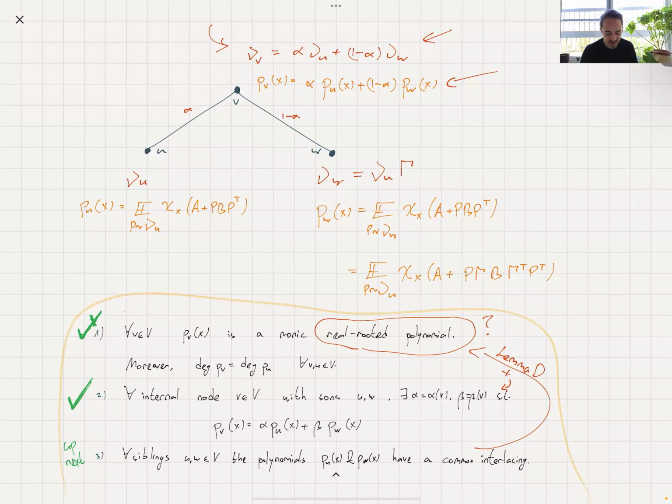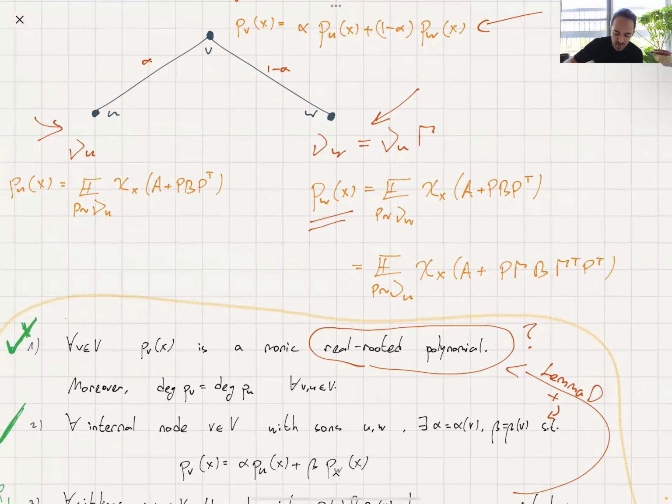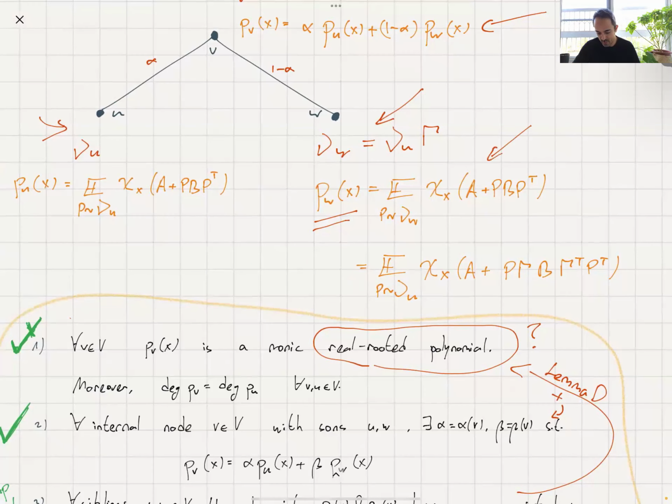And the fact that the distribution of the right son is gamma times the distribution of the left son tells us that you can write the polynomial corresponding to the right son, W, like that. That's obvious. But now, instead of writing it according to mu W, you can write it according to mu U, but you just need to replace the thing you sampled, P, by P times gamma. So instead of P, I'm writing P times gamma, and here the transpose.